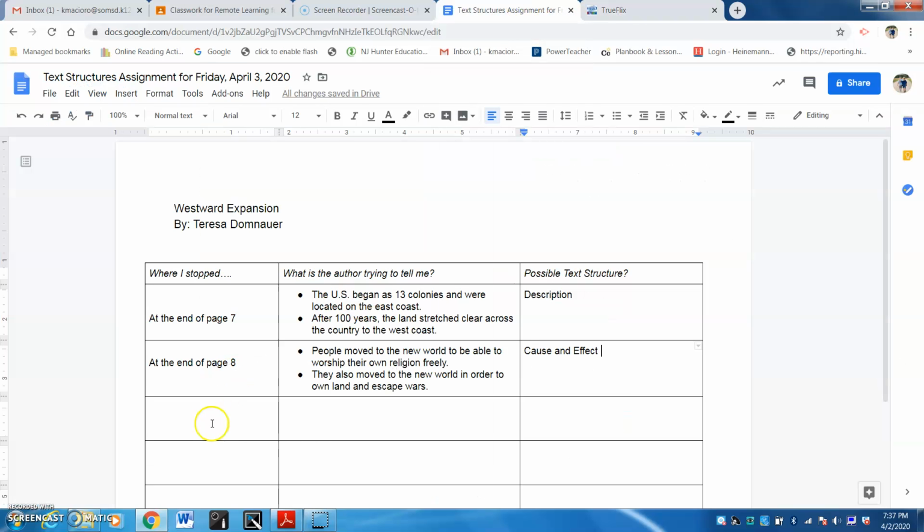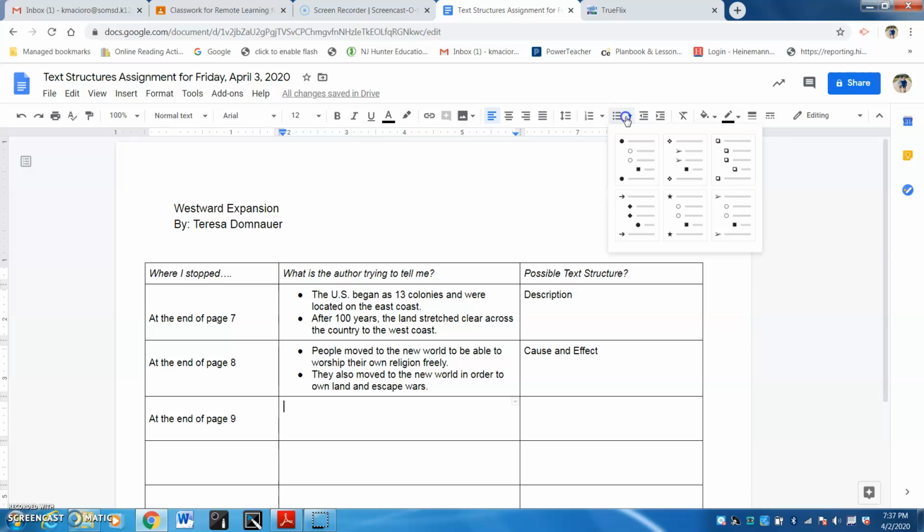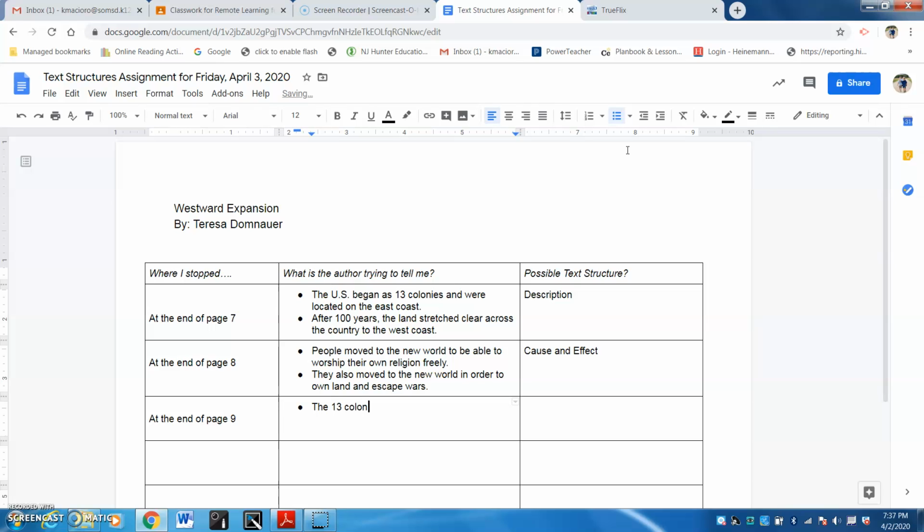So I'm going to go back to my chart. At the end of page 9, what did I learn? So let me get my bullets ready. I learned that the 13 colonies were becoming crowded and more farming and space was needed.